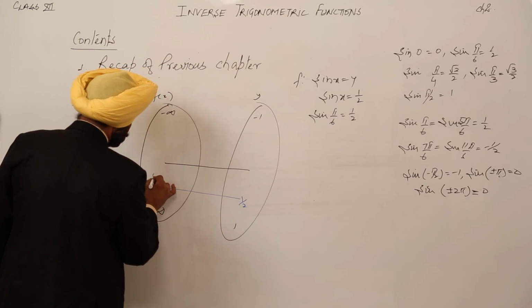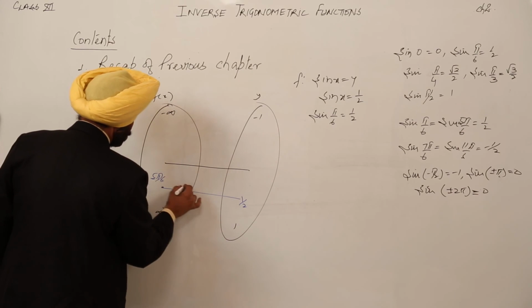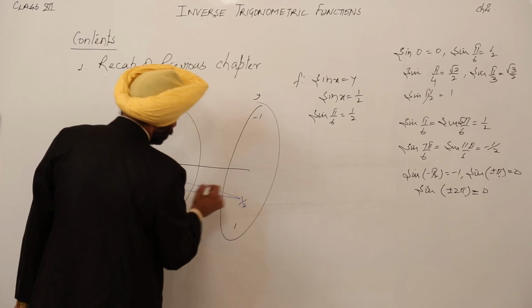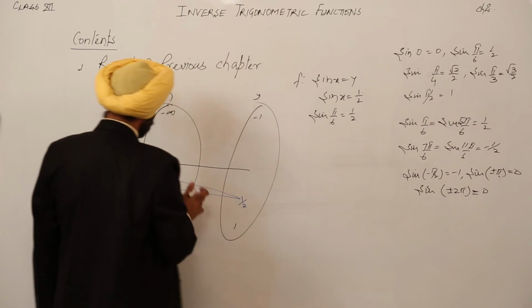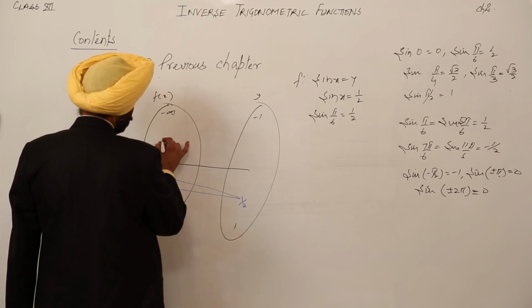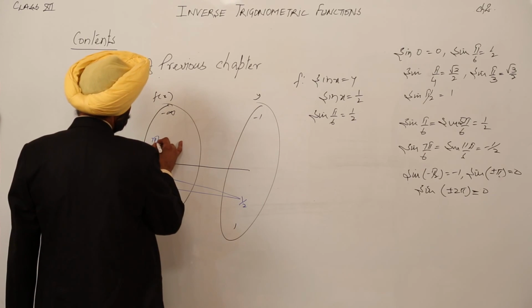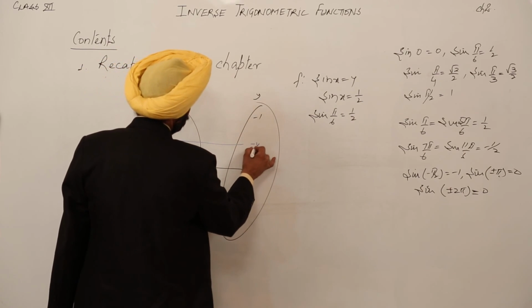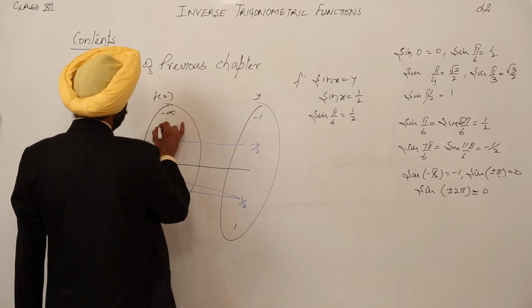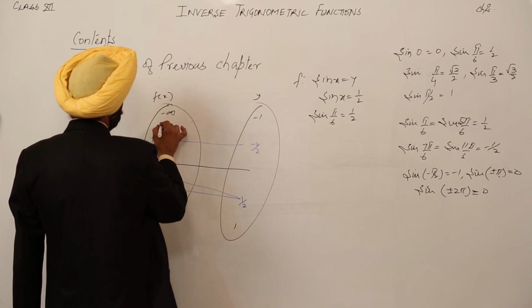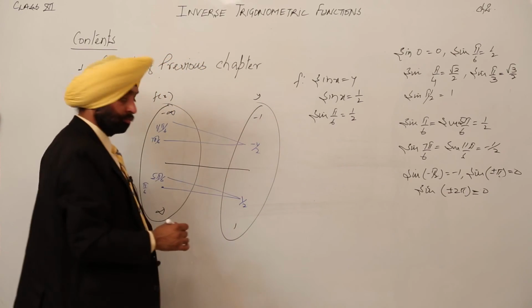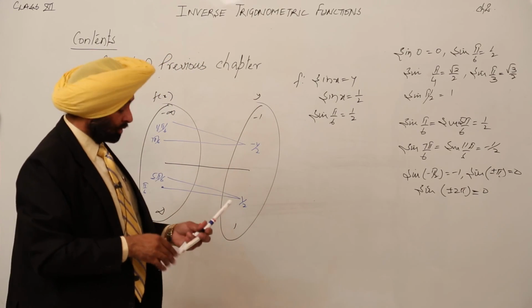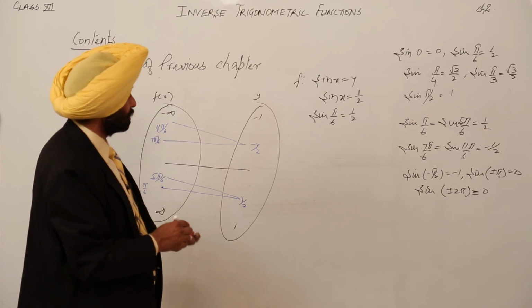And 5 pi by 6, again 1 by 2. Then we have 7 pi by 6, minus 1 by 2, and 11 pi by 6, again minus 1 by 2. Now after this we can put some other values also.